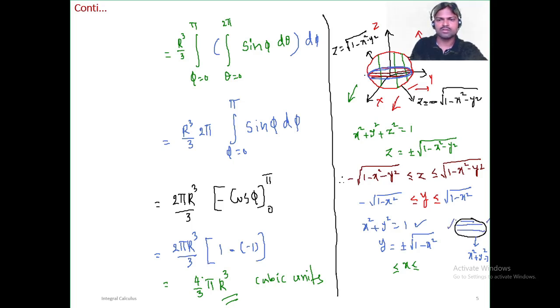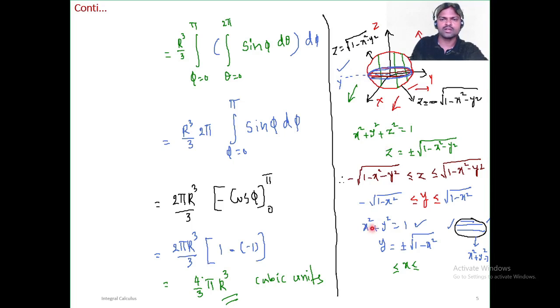But what is this curve? Minus square root over 1 minus x square, because in this coordinate y is negative. If you extend this line you get the negative y axis, right? Here, this is the negative y axis.